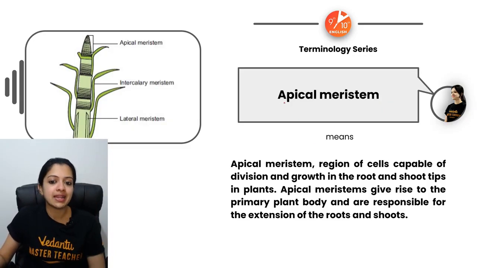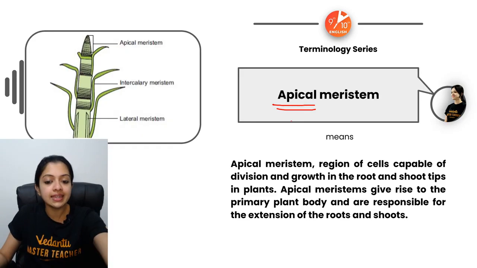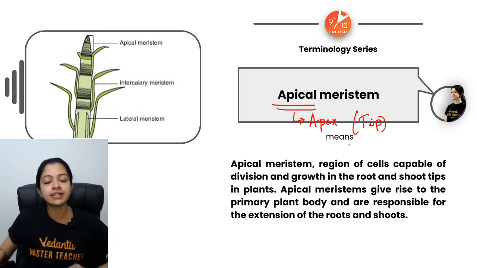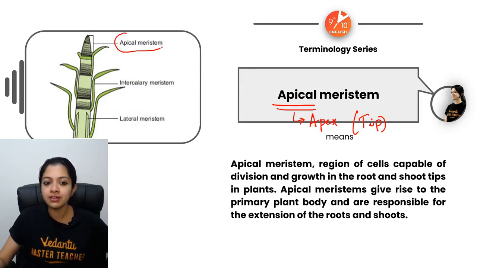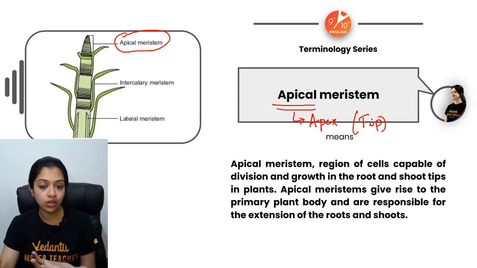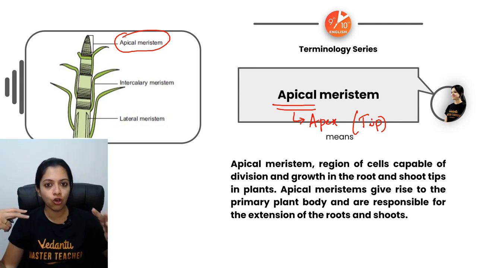Now, apical meristem, what does that mean? Think of the word apex. It literally means the end or the tip. So apical meristem is a type of meristem found at the shoot tips and root tips. Once apical meristem is lost, it means the shoot tips or root tips are lost.